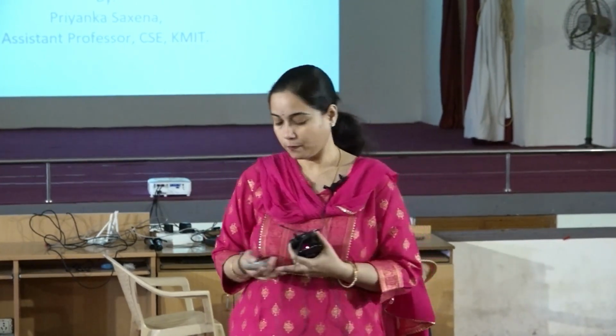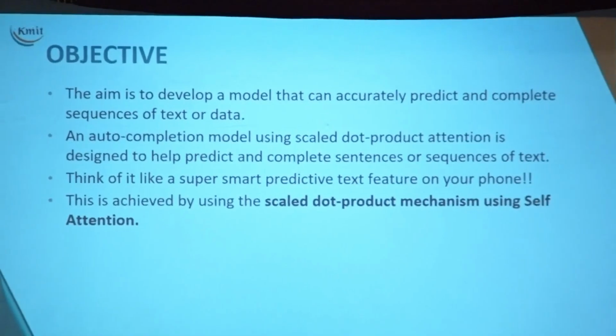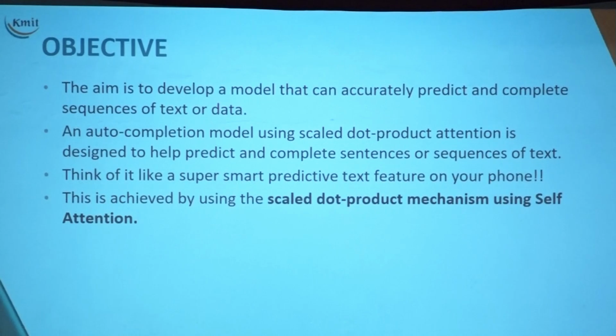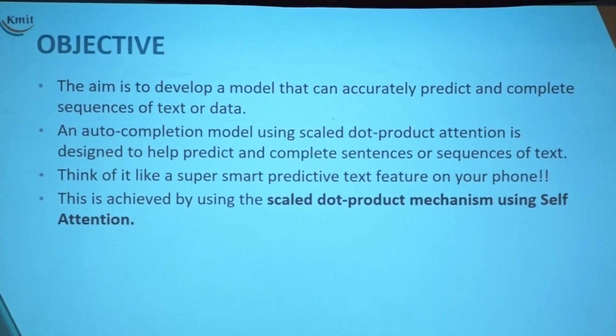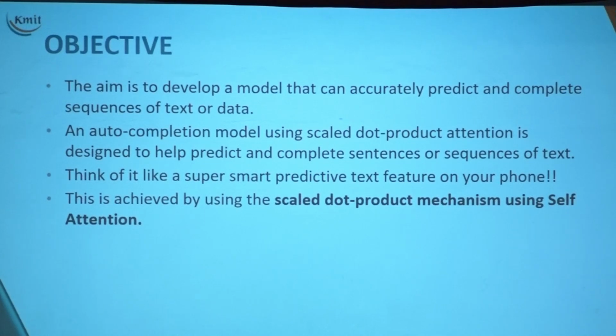Now, let's see the objective for today's exercise. The aim is to develop a model that could accurately predict and complete sequences of text or data. The auto-completion model here will use scaled dot product attention, which is designed to help predict and complete sentences or sequences of text.